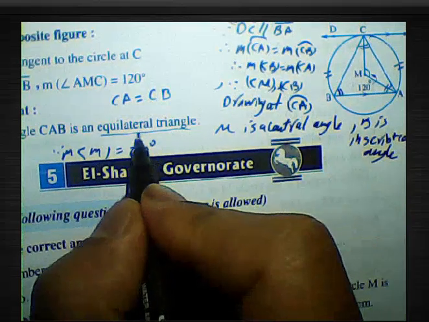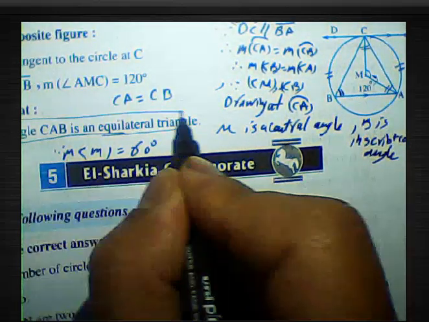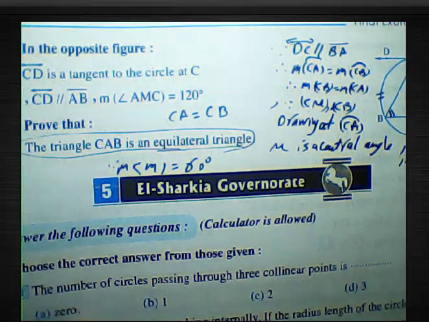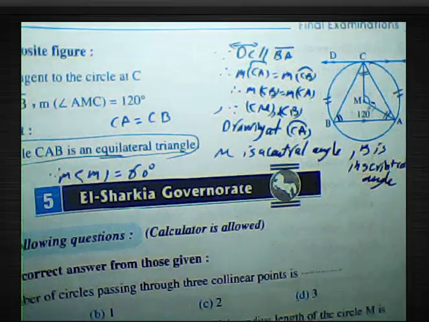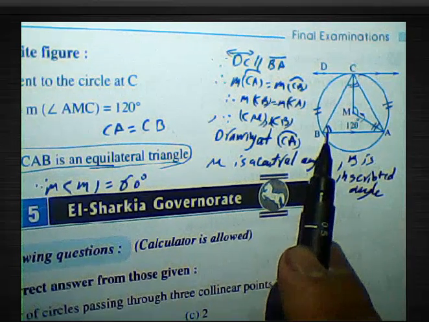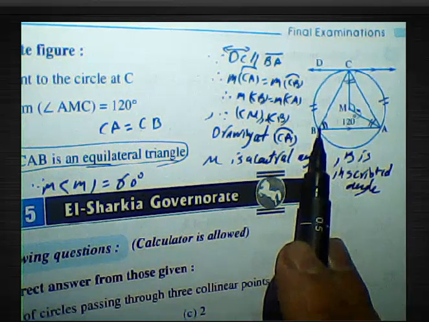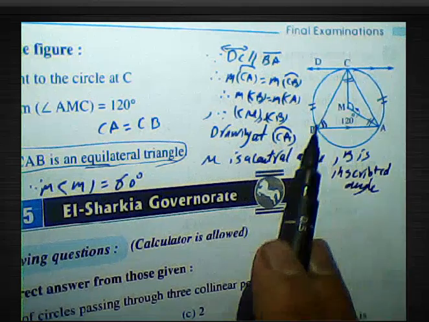We have an isosceles triangle, and the measure of the angle equals 60 degrees, then the triangle CAB will be an equilateral triangle. Okay, understood? Again, DC is parallel to BA, then the measure of arc CA equals the measure of arc CB, then the line segment CA equals CB, then this triangle will be isosceles.